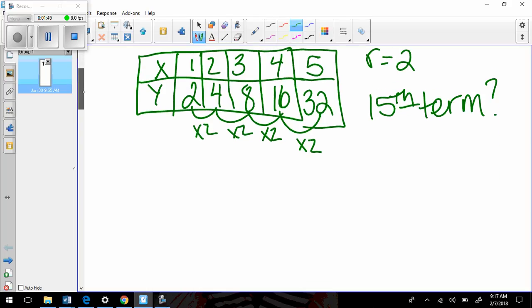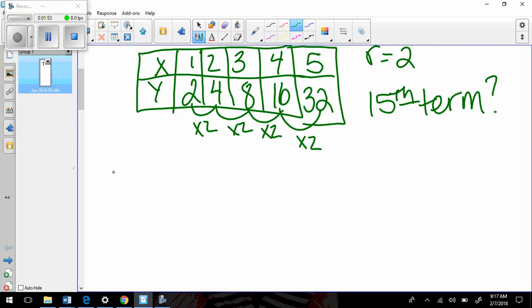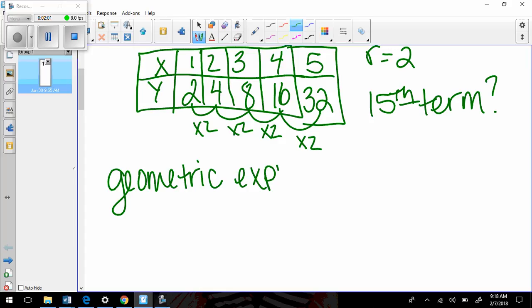Since this is being multiplied, we can use what we call a geometric explicit function or equation.